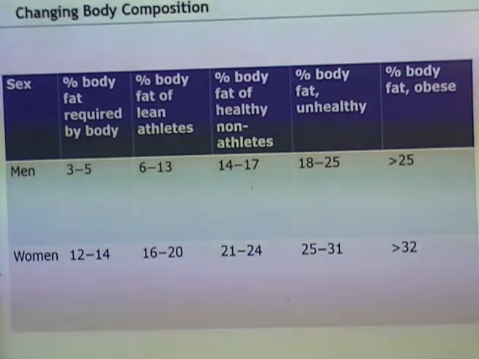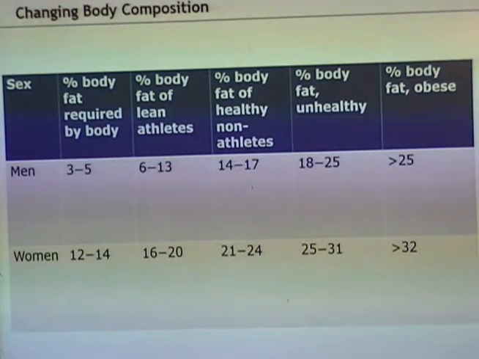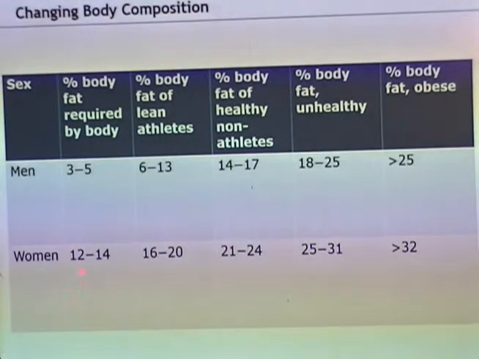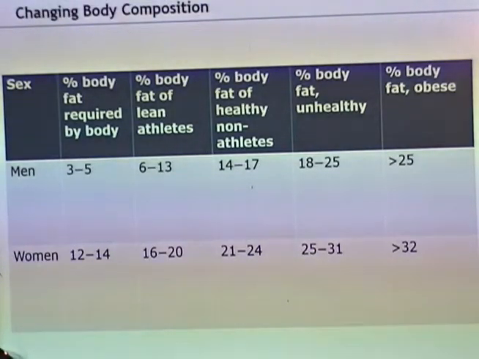And when we look at percentage body fat, we want to pay attention to who I am, what I am trying to do, what the goal is, right? And there's a guideline here as to the minimum percentage body fat an individual needs to function, okay?